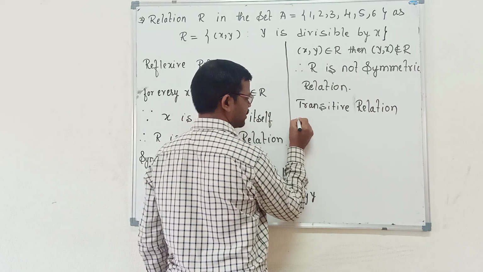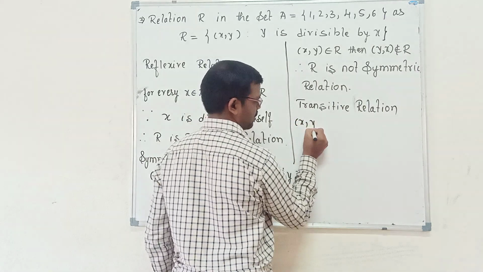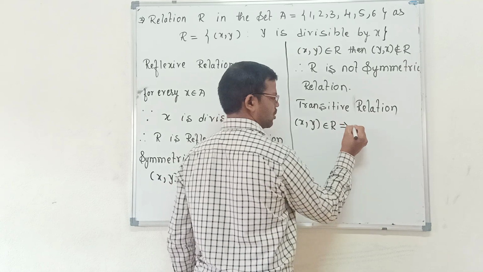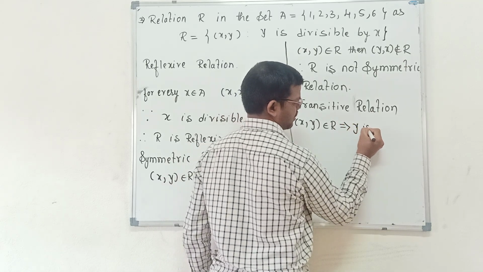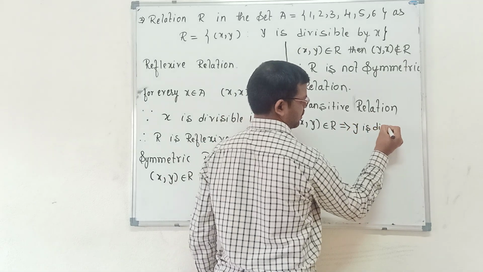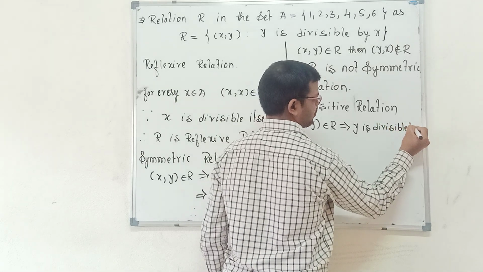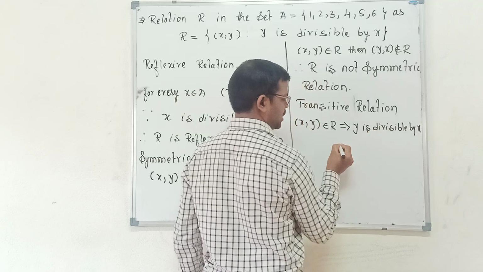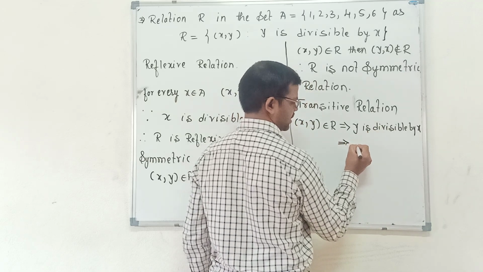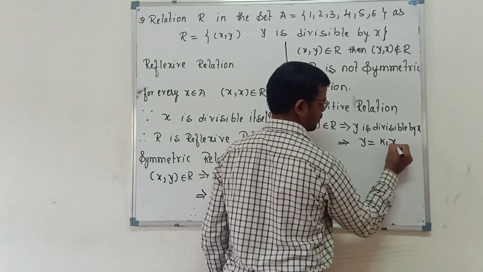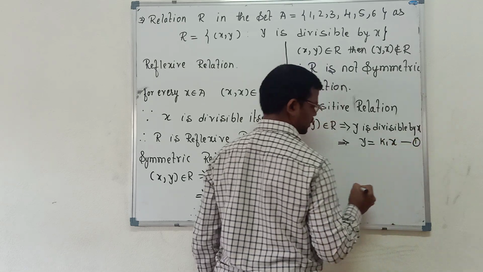Let me consider (x, y) belongs to R. It implies that y is divisible by x. So it means y can be expressed as k1 times x. Name it as equation 1.